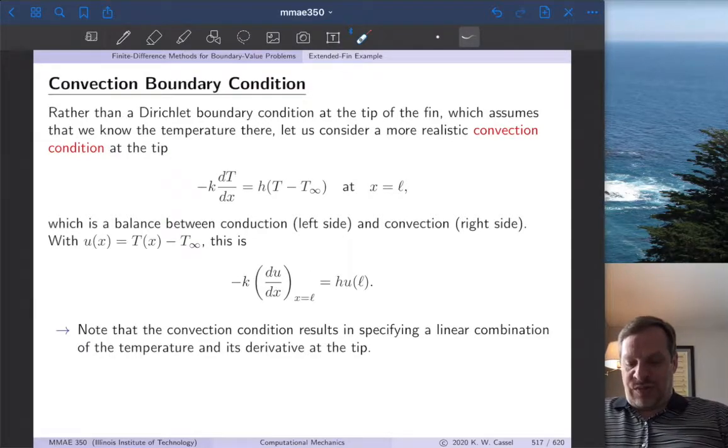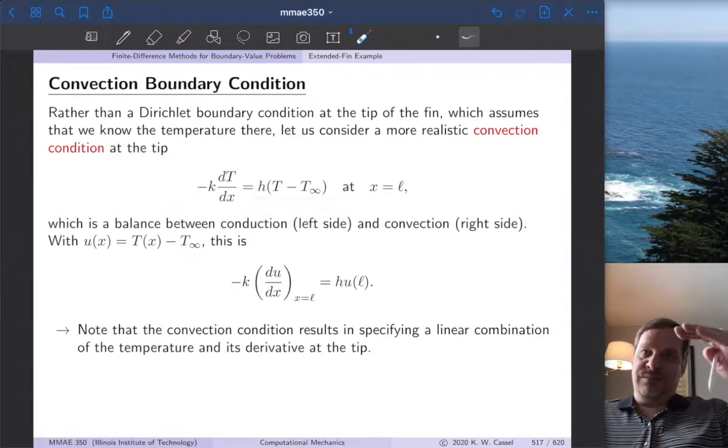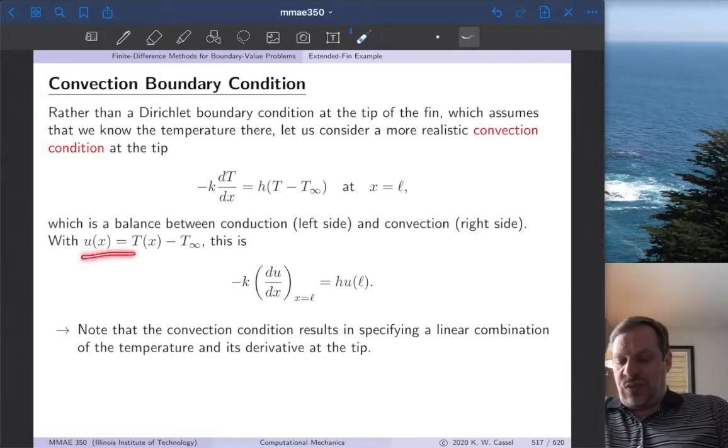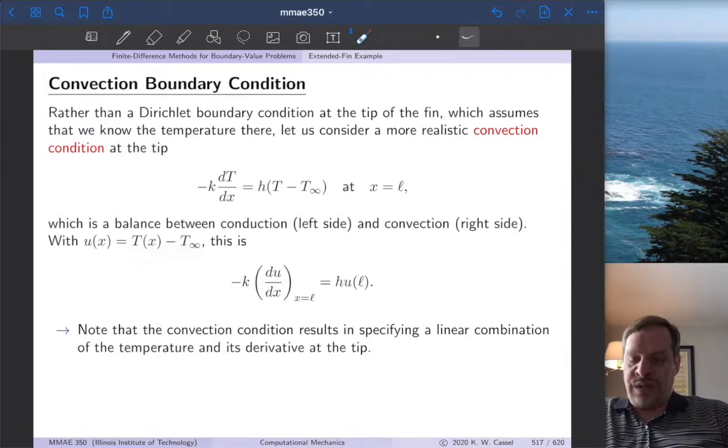And then all of that heat has to be convected out of the tip into the surrounding air. That's h, the convection heat transfer coefficient, times the driving temperature, the temperature at the tip minus the ambient air temperature. In terms of u, which we introduced last time, u is just T minus T infinity. So this is minus k du/dx at the tip is equal to h times u at the tip.